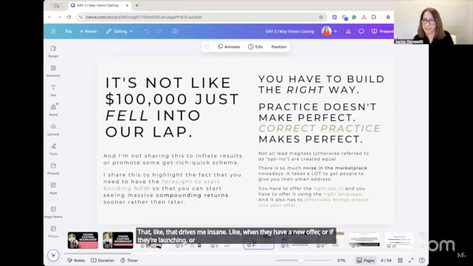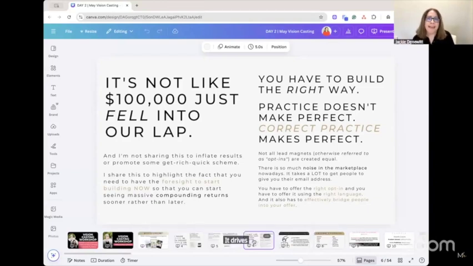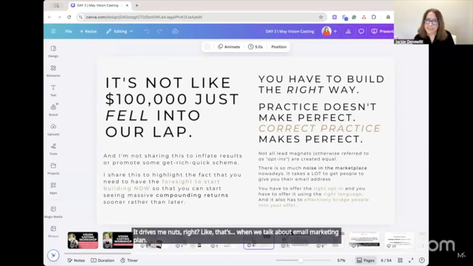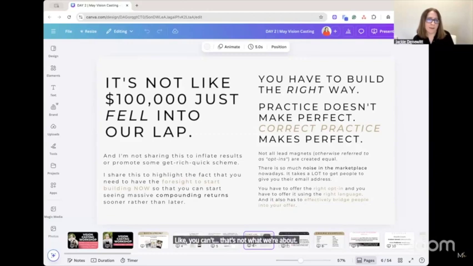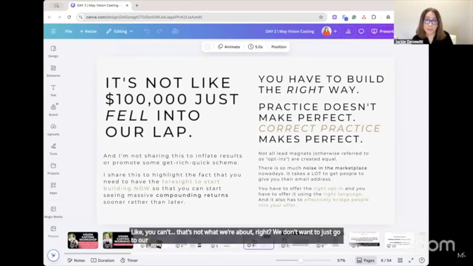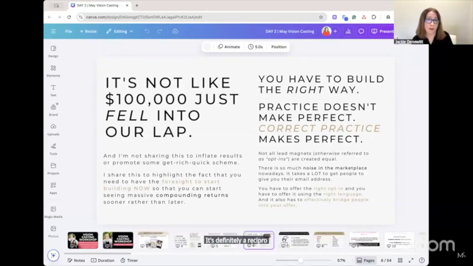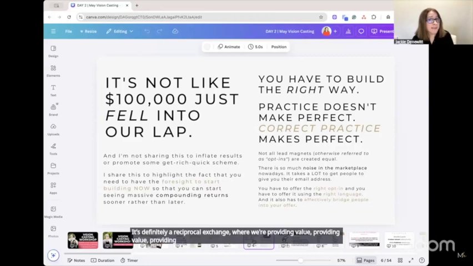That's when we talk about email marketing plans, that's not what we're about, right? We don't want to just go to our list when we want something from them. It's definitely a reciprocal exchange where we're providing value, not unlike what we teach in Lead Gen Academy and obviously in Build, Grow, Scale.